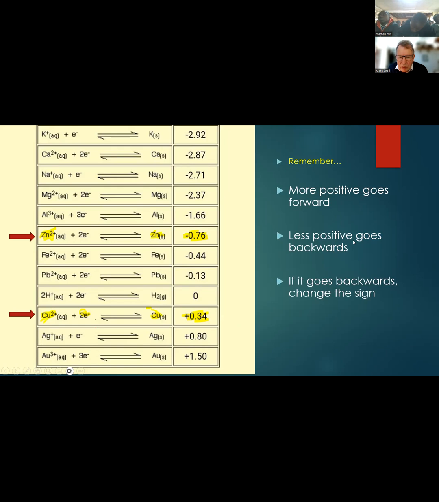If it goes backwards, change the sign. So I change from negative 0.76 to positive 0.76, and then I simply add them up. I'll show you that now.